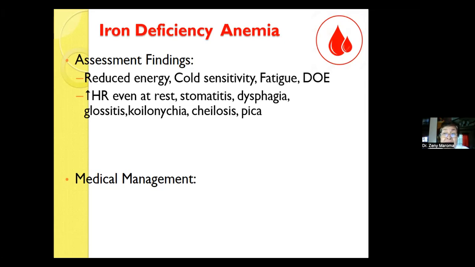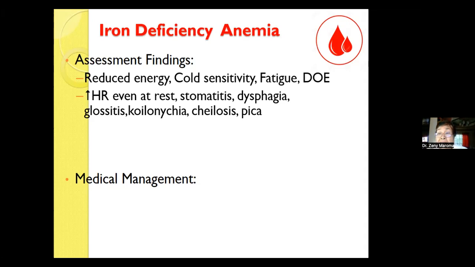So what are the cardinal signs? Pallor, weakness, fatigue. Saan mo makikita ang pallor? Pale palpebral conjunctiva, pale lips and mucous membrane. Tignan nyo ang palad at saka talampakan. May pallor. Okay. Severe and chronic type of anemia, there's stomatitis, there's dysphagia.